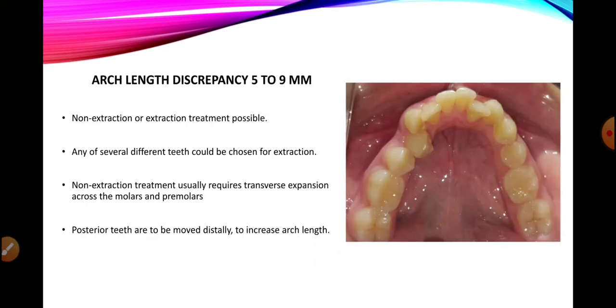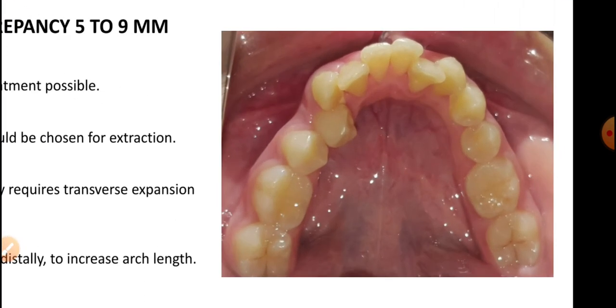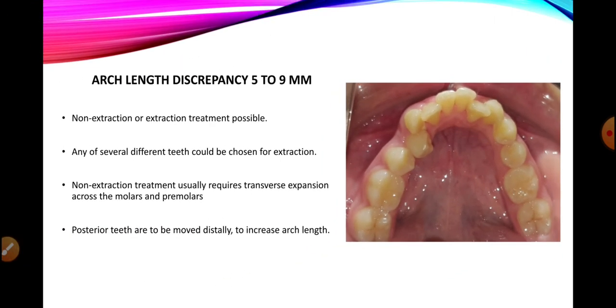So when we talk about moderate crowding, that is 5 to 9 millimeter of crowding, as can be seen here, it can be proceeded with either on an extraction or a non-extraction basis. So both extraction and non-extraction treatment are possible and can be chosen. If we have chosen non-extraction treatment, in those cases usually the expansion modality is used, particularly the transverse expansion around the molars.